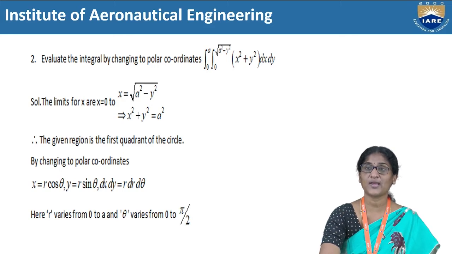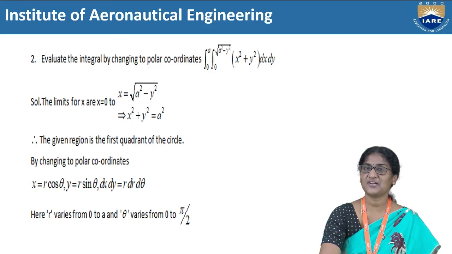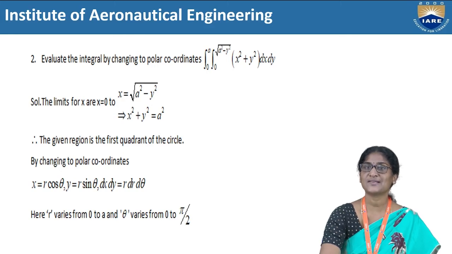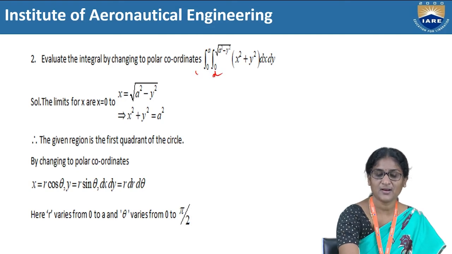How could I guess that these limits are for x? Because we can see only two variables here, x and y, and the limits are in terms of y. Definitely they are the values of the other variable, that is x. So I could guess that these values are for x and these values are for y.